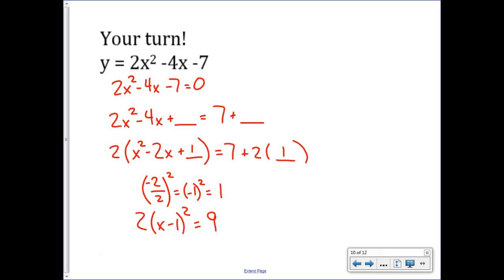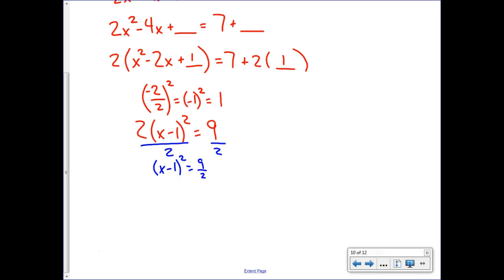So then from here, I'm solving, I'm going to divide by 2. So x minus 1 quantity squared is equal to 9 over 2. I'm going to take the square root of both sides, so x minus 1 is equal to plus or minus square root of 9 over square root of 2.